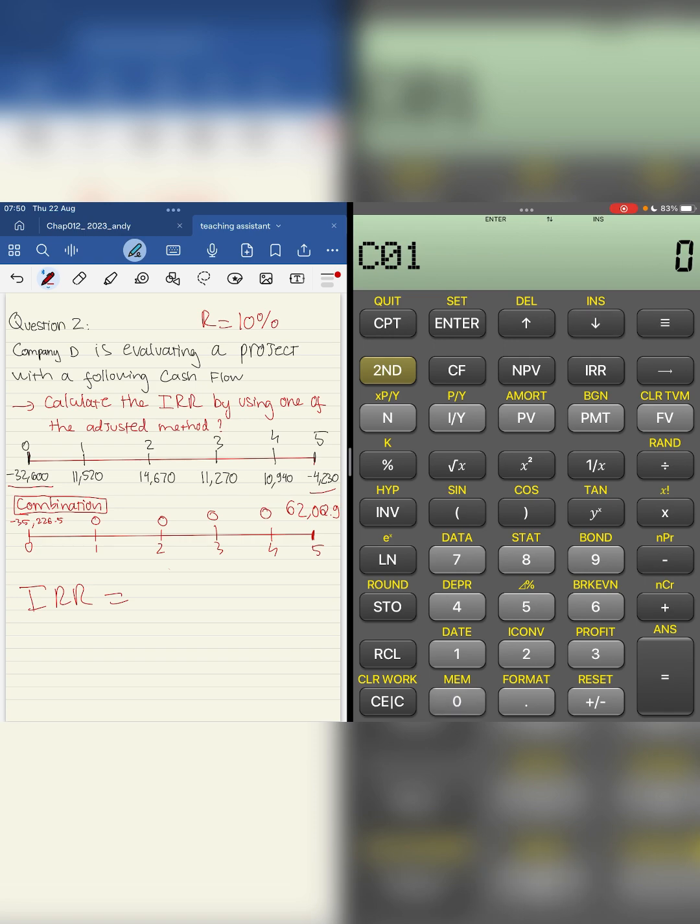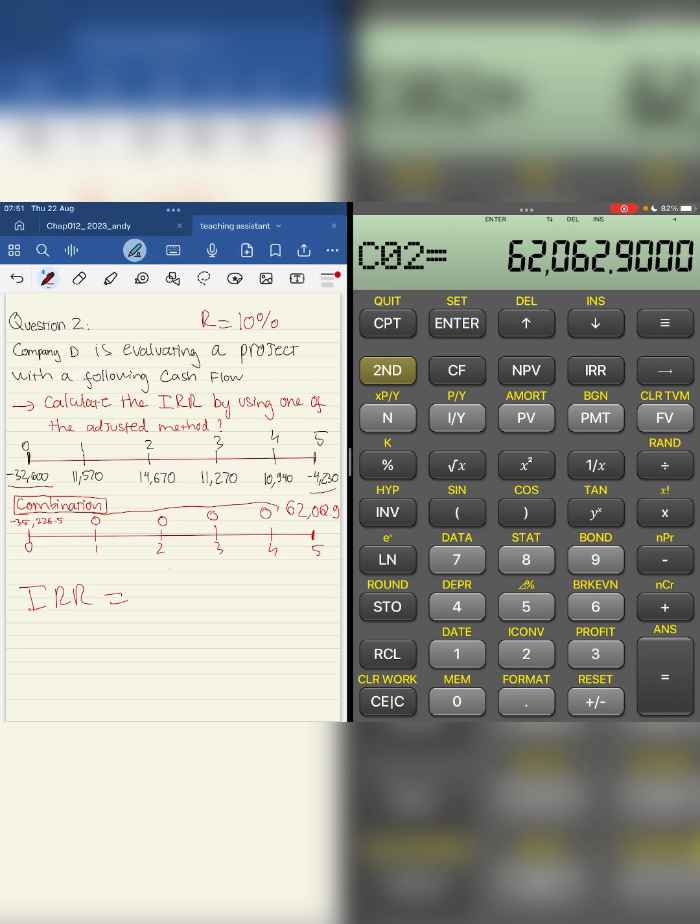As you can see, it will be repeated 4 times, our new cash flow from year 1 to year 4. So enter, go down. The frequency is 4. Enter, go down. Finally, C02 will be 62,062.9. We enter.